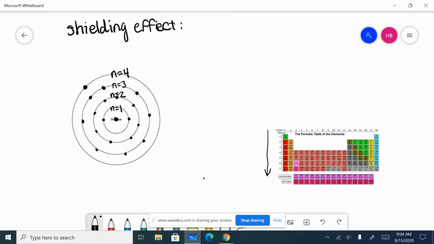So this causes potassium to be larger. It also causes him to have a lower ionization energy than sodium, and a lower electronegativity than sodium. So as we go down the family here, they start to get larger. The trends are: the radius increases as you go down, the electronegativity decreases, and the ionization energy also decreases.